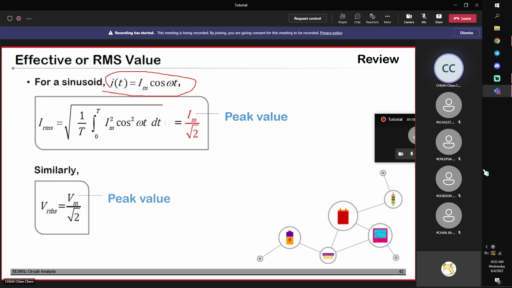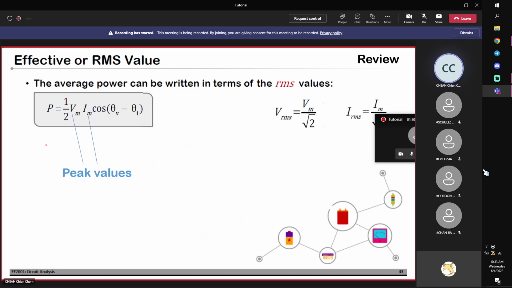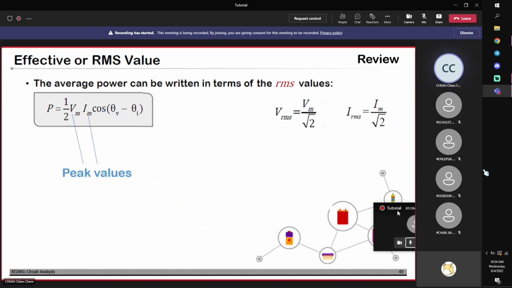Now this tutorial is about AC power. Let's go back to our AC power again. Just now, based on the peak values, the average power was half V peak I peak cosine of the phase angle between them. Now we have this new information. It can be represented as RMS values.